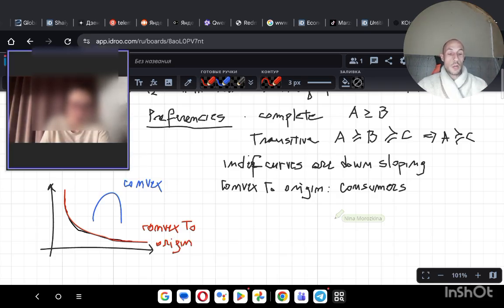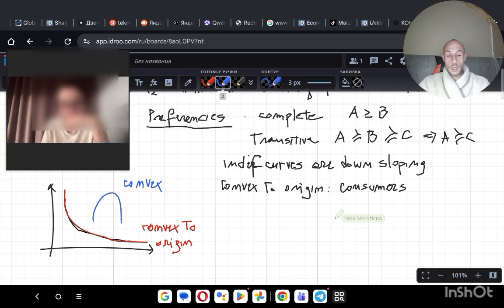Now, let's talk about the indifference curve. What is this? This one, the thing that I drew here, is called indifference curve. What is this?